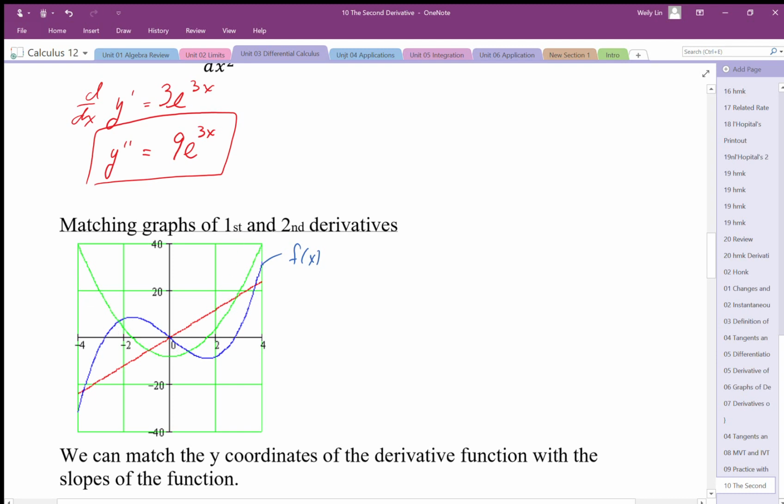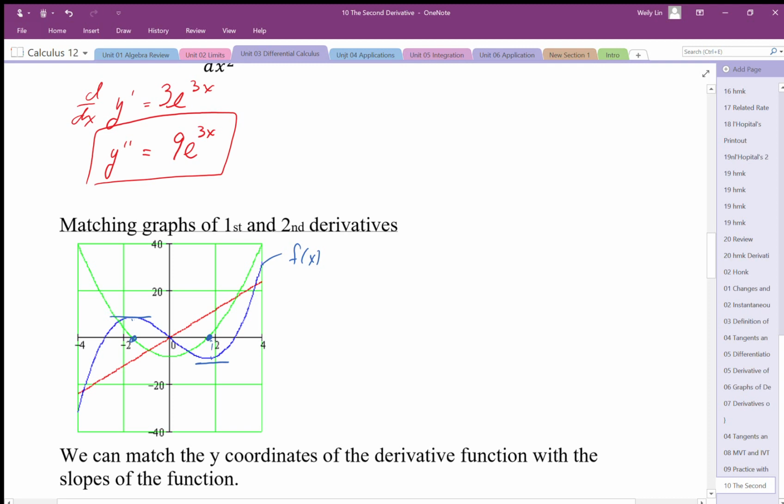And just to match these parts, remember that the horizontal tangents must match the zeros of the derivative function. And notice that the very bottom of this graph, where the slope is the most negative, is going to be through that point there.